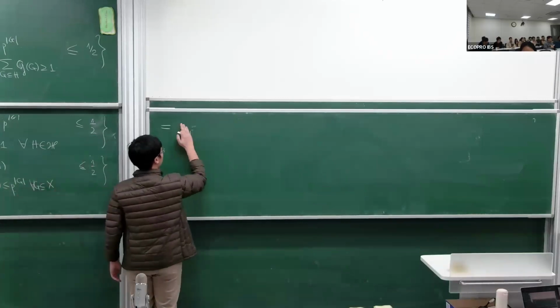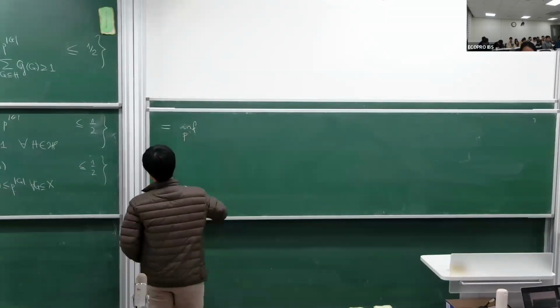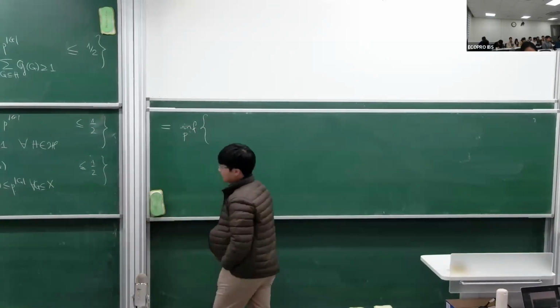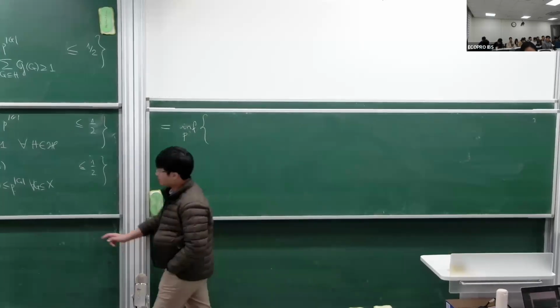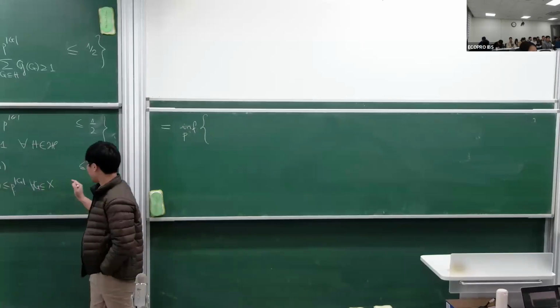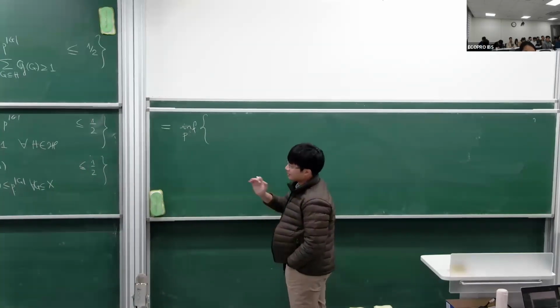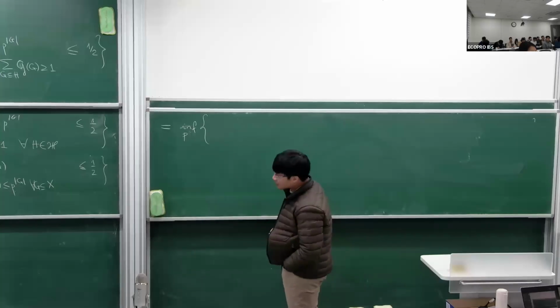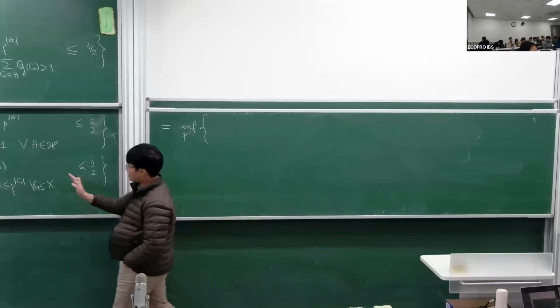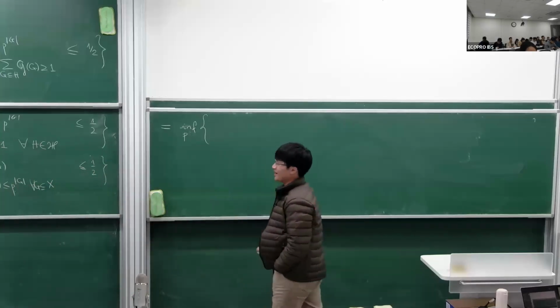Okay, so in the last step, I just do one small rephrasing of this. So this is now the largest P for which this maximization problem returns a value at most 1/2. I can also rephrase it as the smallest P for which this maximization problem returns an answer that is at least 1/2.